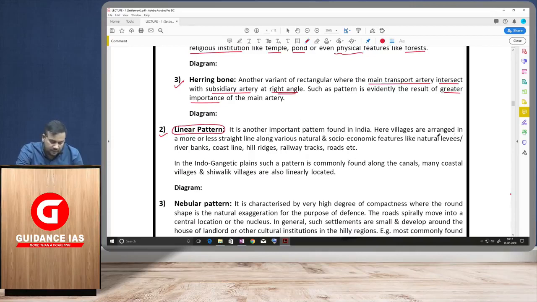Here villages are arranged in more or less a straight line along various natural and socio-economic features like natural levees, river banks, coastlines, hill ridges, railway tracks, roads, etc. So when you are going along, for example, a railway line, you might have seen that a number of houses are very near to the railway line, arranged in a regular fashion, making almost a kind of line. So such type of pattern is referred to as the linear pattern.